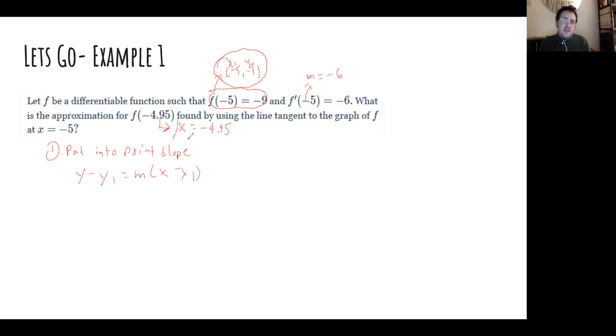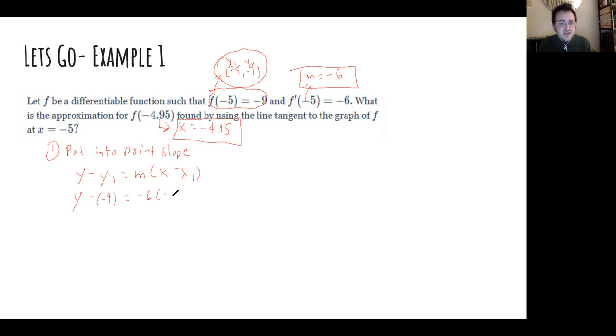So I have all the key pieces of information that I need. So what I'm going to do here is plug in everything that I know. I don't know y, but what I do know is y1, so that's going to be -9. My slope is -6.